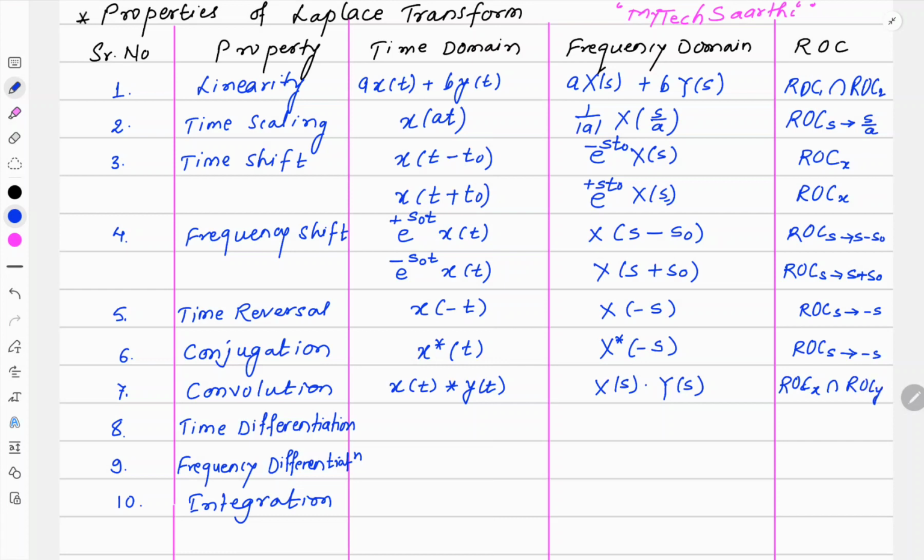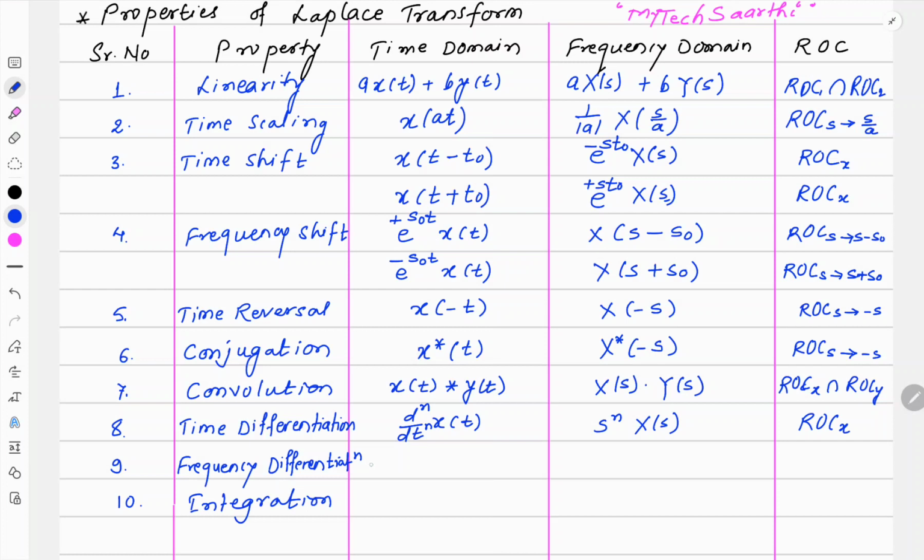Next is time differentiation. If we take nth order derivative of signal x of t, in frequency domain it will be s raised to n into x of s, and ROC will be your original ROC without any change.